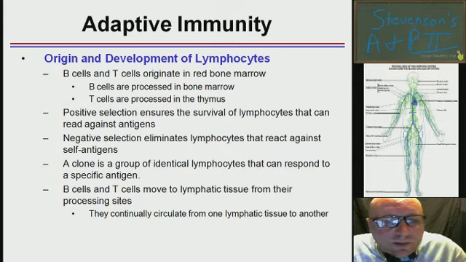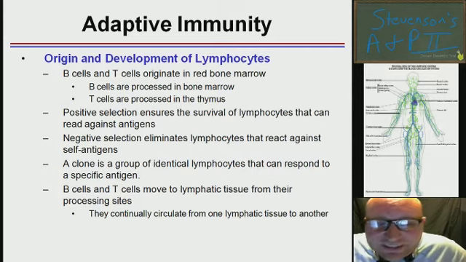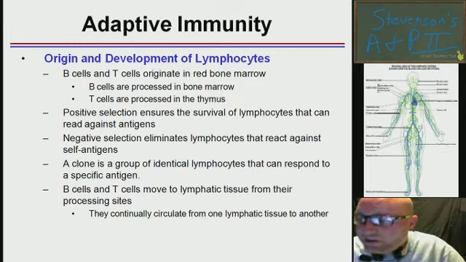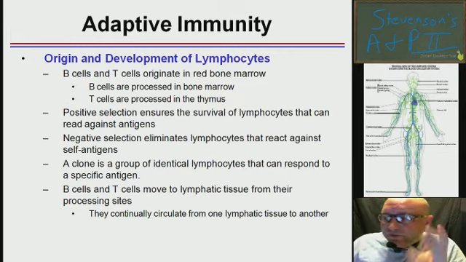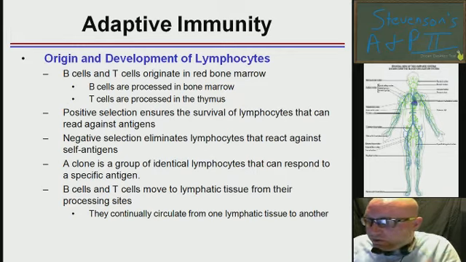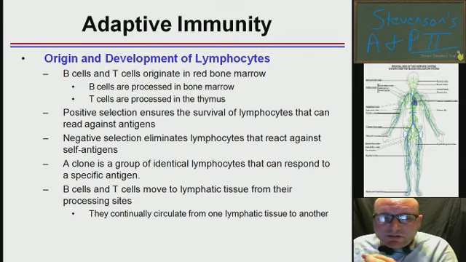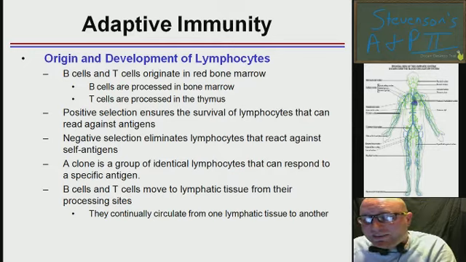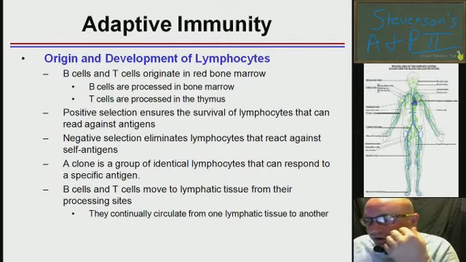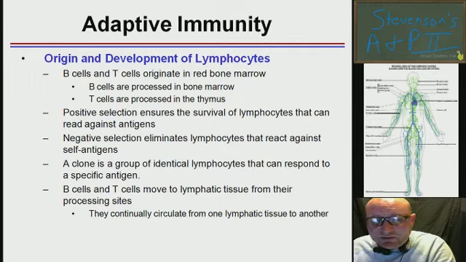Positive selection ensures the survival of lymphocytes that can react against antigens, and then you also have negative selection, eliminating lymphocytes that would react against self-antigens. A clone is a specific group of identical lymphocytes that can respond to a specific antigen.